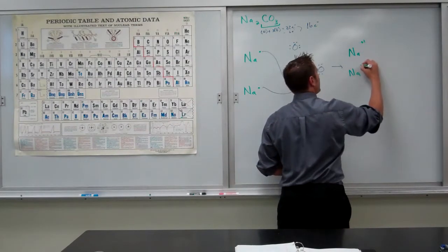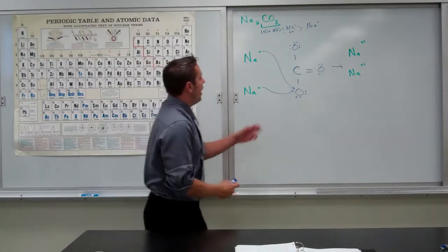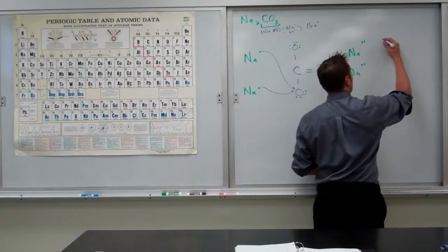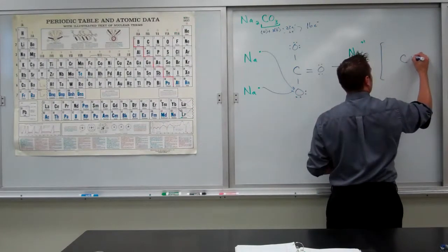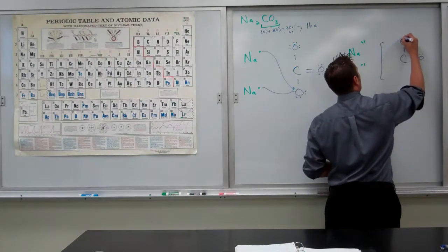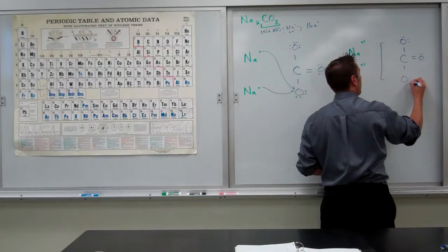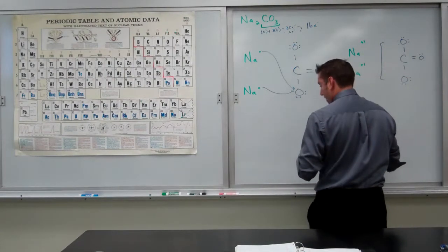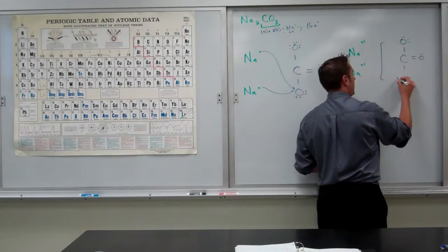Because they each lost 1 electron, they both get a +1 charge. And then I'll have a polyion, which always goes in brackets. C in the middle. We made our double bond here. Single bond. Single bond. And now we have the 2 electrons from sodium in here.